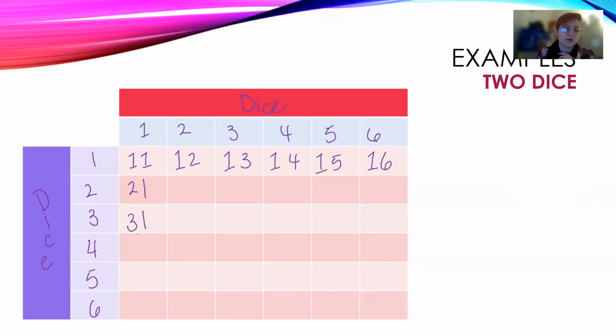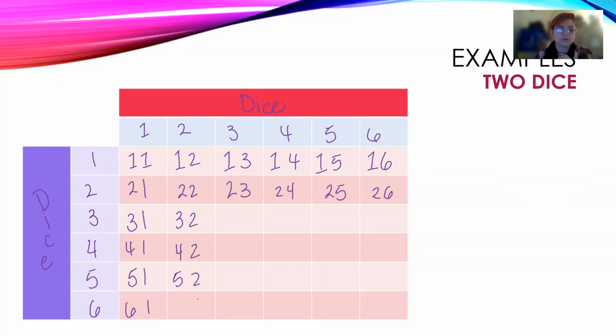So 3 and 1, 4 and 1, 5 and 1, 6 and 1. So 2 and 2, 2 and 3, 2 and 4, 2 and 5, 2 and 6, and then 3 and 2, 4 and 2, 5 and 2, 6 and 2, and so on until we get 6 and 6 down here in the bottom corner.